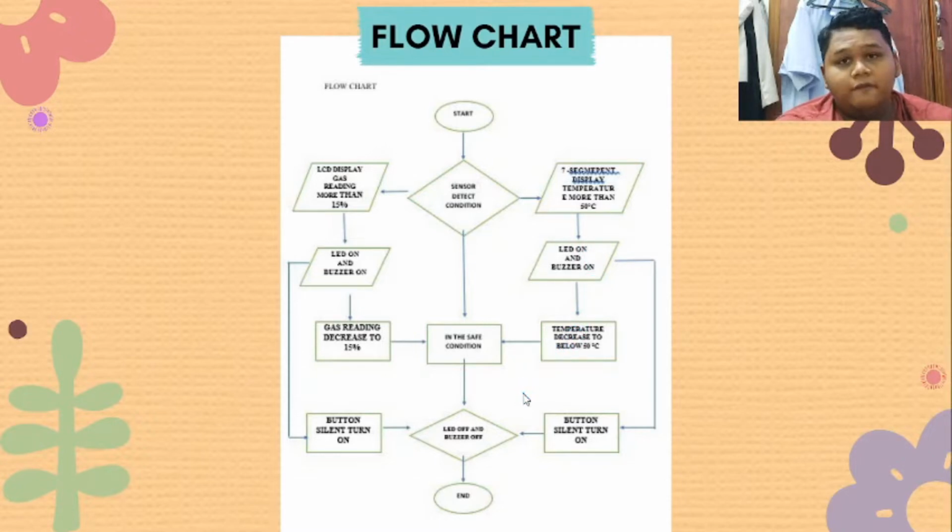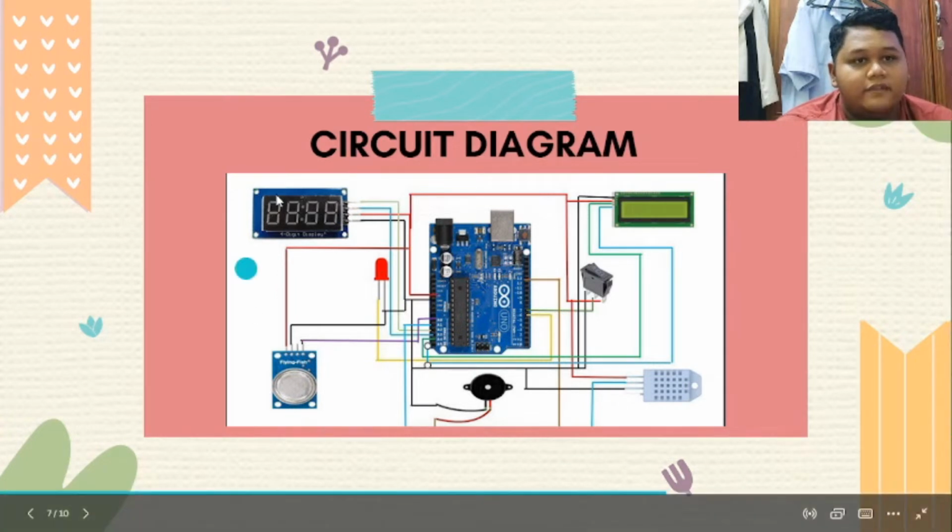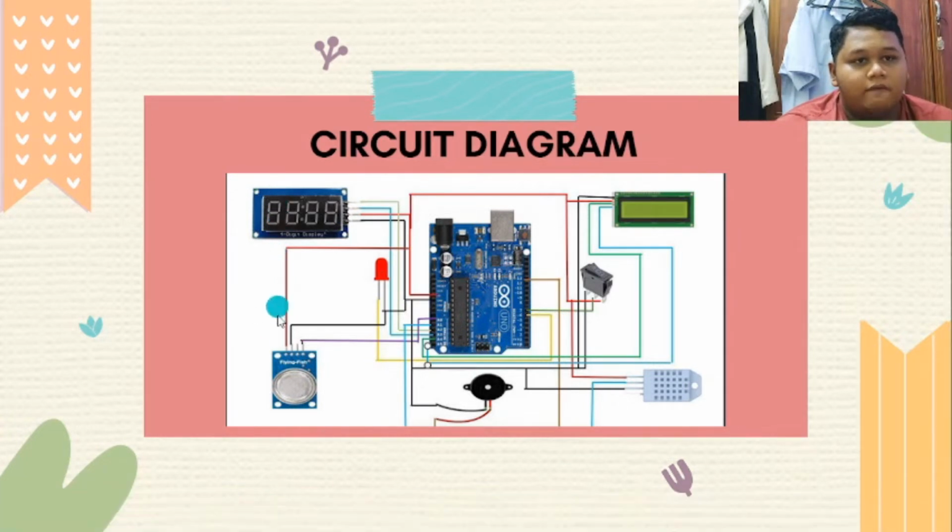Okay, for the next part, I will explain about the circuit. Okay, for the circuit, here we have a 7-segment. For the gas sensor, we use the MQ2 that can detect the gases butane, methane, and smoke.